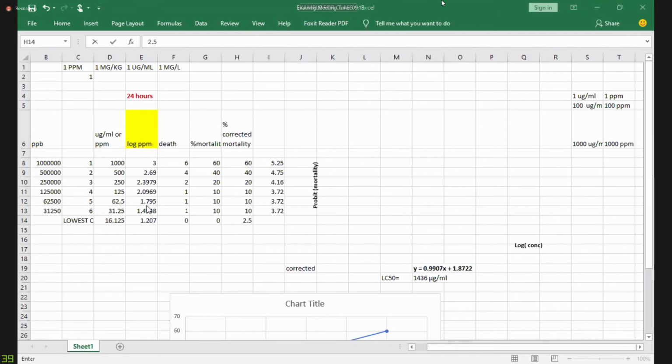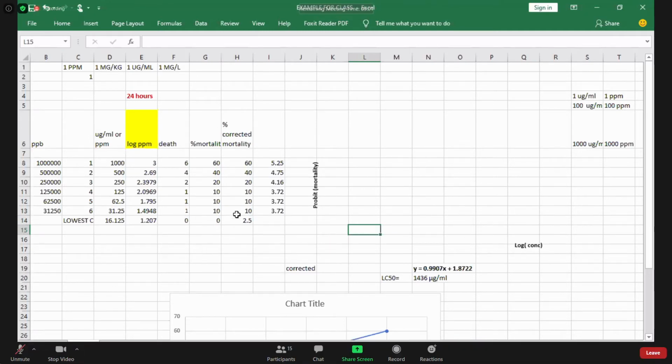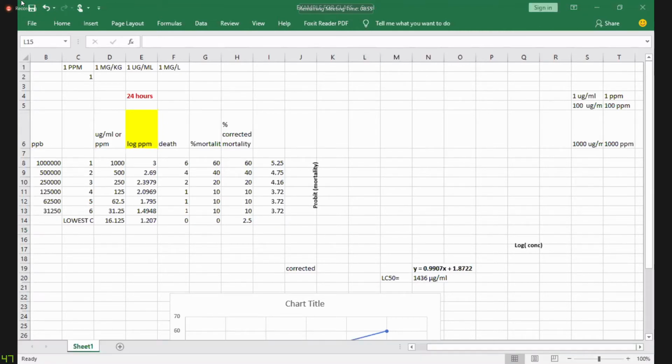This one, no, I cannot share now. I have to share. Are you looking at the Excel now? Yes? Thank you. So the percentage of mortality 2.5. And based on the, can you see the paper I'm using now?